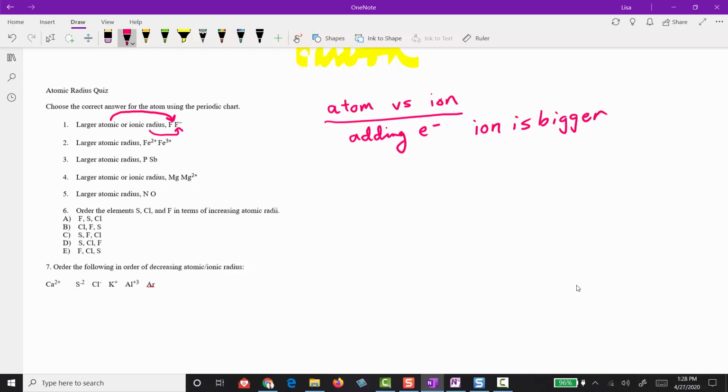And if it's losing electrons, the ion is smaller. And that's of the same element.